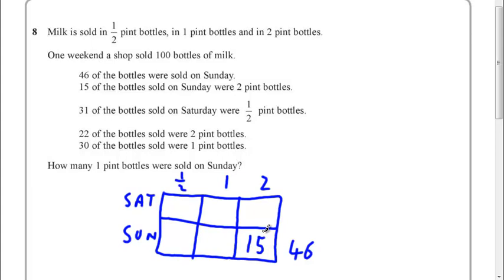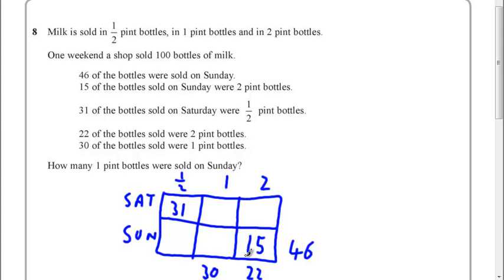And we've got 31 of the bottles sold on Saturday were half-pint bottles, 31 in there. 22 of the bottles sold were 2-pint bottles, we'll put totals down here. And 30 of the bottles sold were 1-pint bottles. 30 there. And that should give us enough information to fill the rest of this in, and we'll see how we get on.